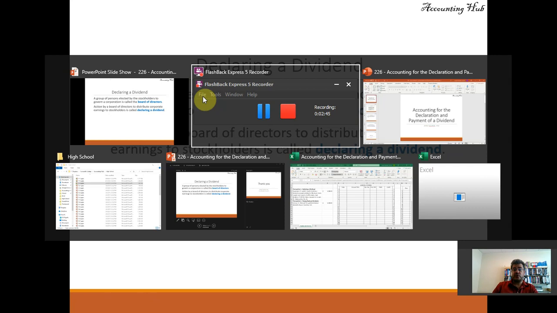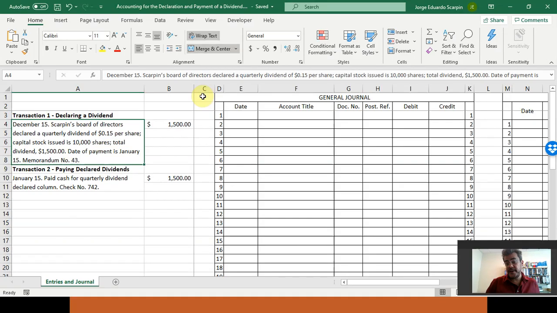So let's go to our Excel file and see how it works. So here, remember guys, all our Excel files are free and the link to download them is in our video description. So here on December 15th, Scarpin's Board of Directors, my fake company Scarpin Corporation, declared a quarterly dividend of 15 cents per share.